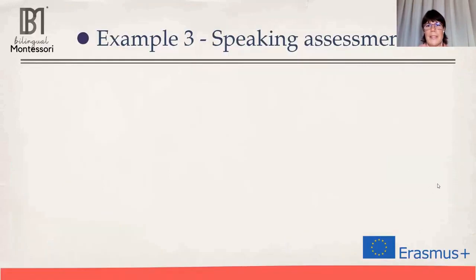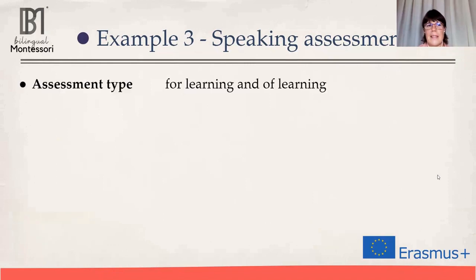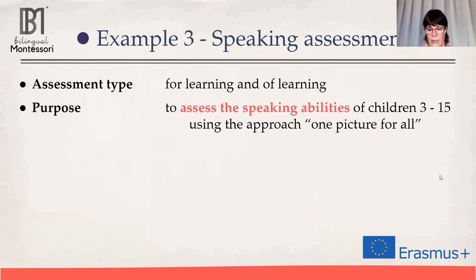Example number 3, speaking assessment. The assessment type is for learning and of learning. And the main purpose is to assess the speaking abilities of children aged 3 to 15 using the approach one picture for all.